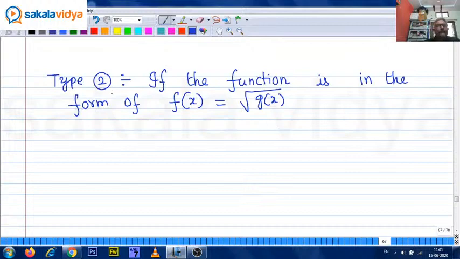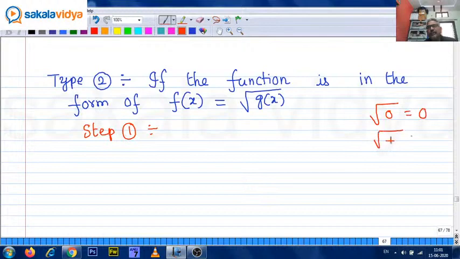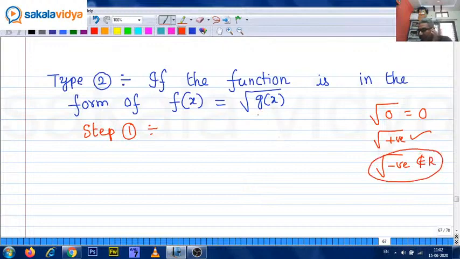Step 1: g of x may be, for example, root 0 is 0, and root of a positive value is defined, but root of a negative value does not belong to the real numbers. That means the input value g of x should not be negative.